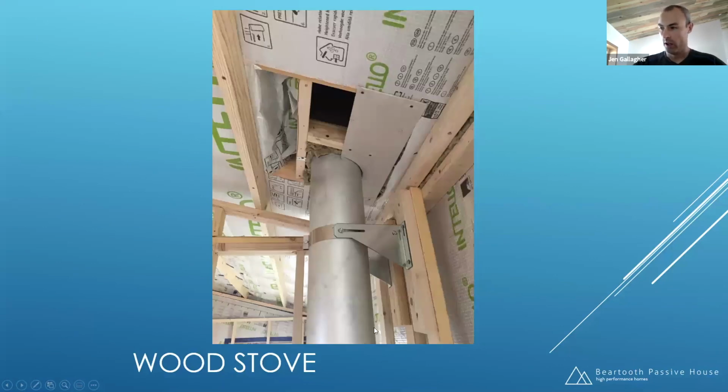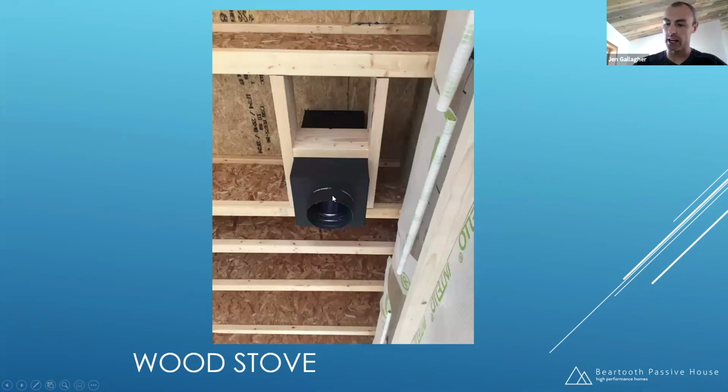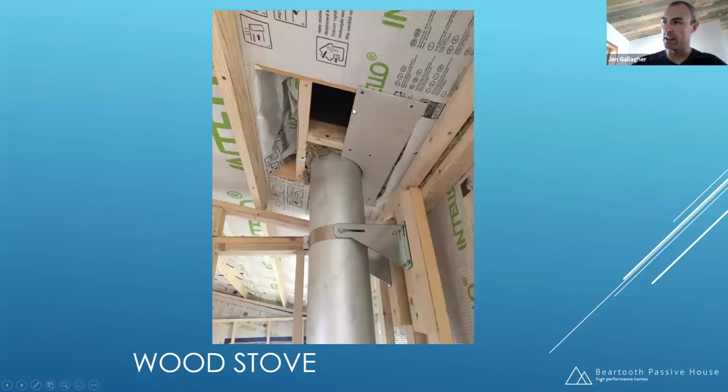And now I've got my chimney pipe coming up. So this is the second floor. This is my chimney pipe that is coming up from this guy. And this is the roof. So I'm going through the roof, and I'm going through my air barrier here. You've got to maintain, what is it, 1 inch clearance to all combustible materials with your chimney pipe.